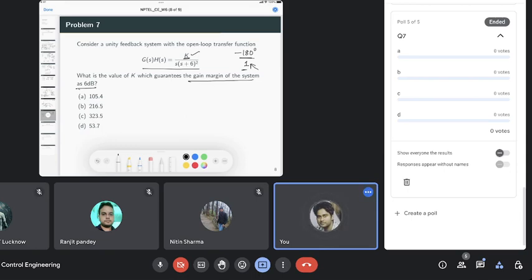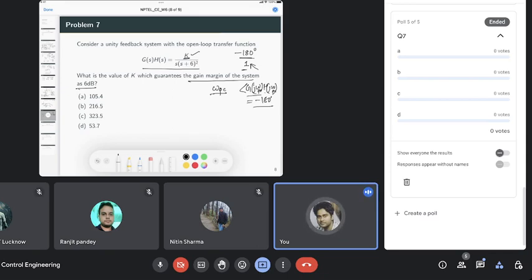Is that clear? So let it be the phase crossover frequency. The phase crossover frequency is defined when the angle of G(j omega) is minus 180 degree, right? So omega pc. You substitute the omega value for which the phase angle is minus 180 degree.